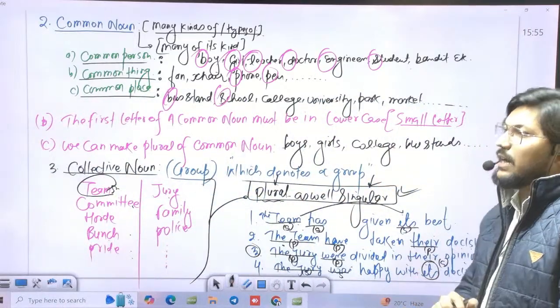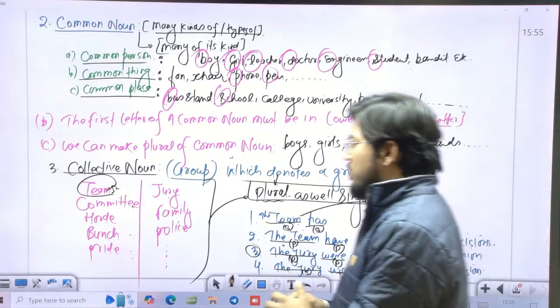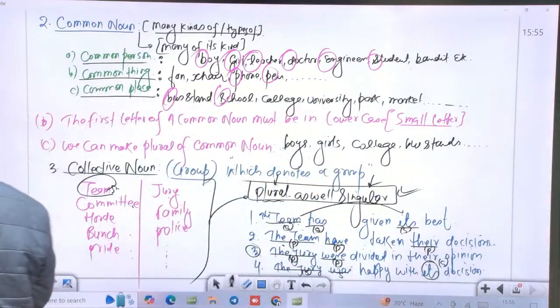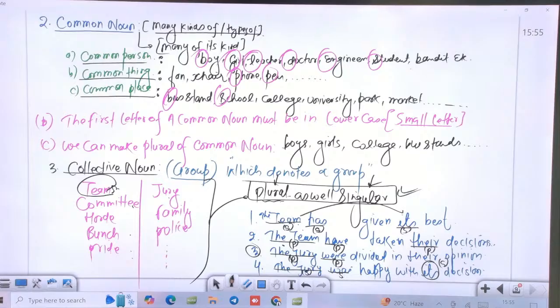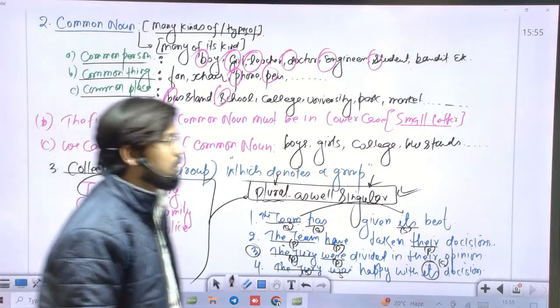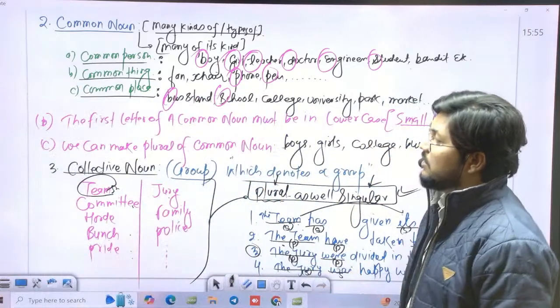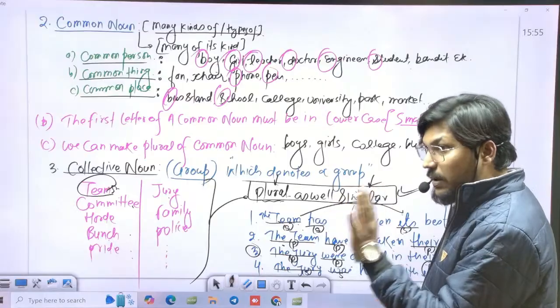So these are the collective nouns we will be talking about later on. So we have done proper noun, which is one of its kind. Common noun, many types of, or many of its kind. Third is your collective noun. So we have done the countable nouns.